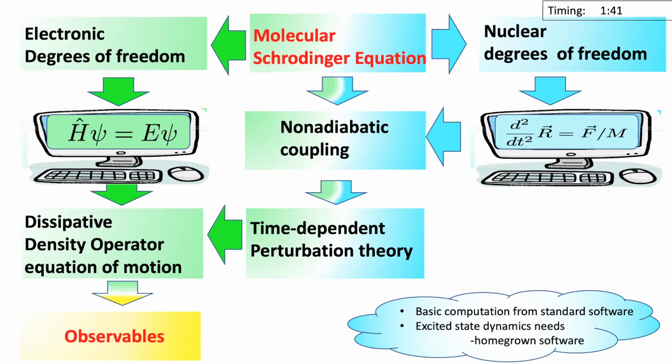Then through non-adiabatic coupling, one can bring them together and look for processes like dissipation of energy from electronic degrees of freedom to nuclear degrees of freedom. And this dissipation gives relaxation, dephasing, and processes like that that may bring something relevant to experimental observables.